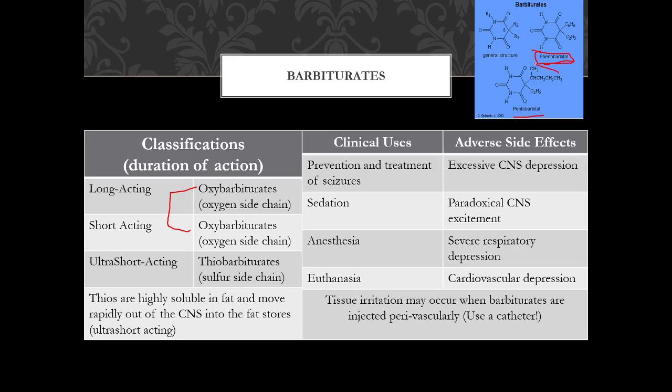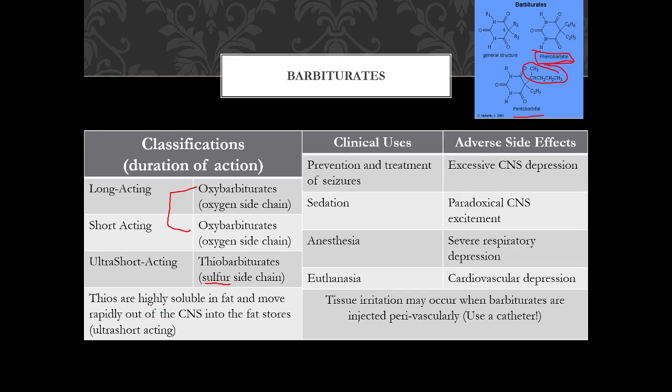Pentobarbital is used for euthanasia. It used to be used for anesthesia, but with a higher dose, we actually worsen those respiratory depression effects and the bradycardia effects and can cause euthanasia. So we have oxygen side chains with these, and the ultra-short-acting have sulfur side chains.